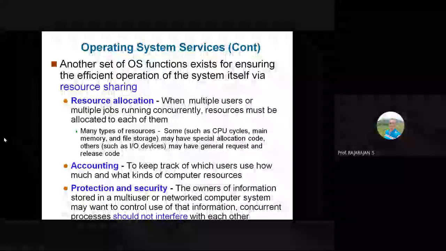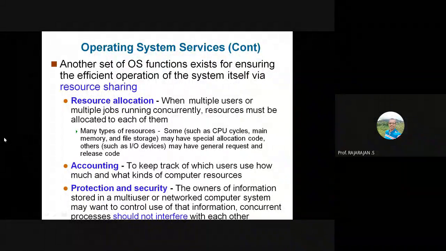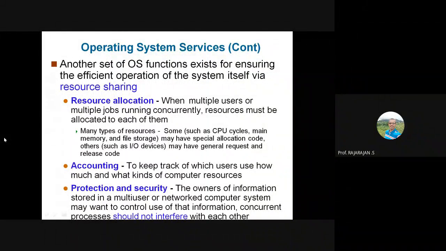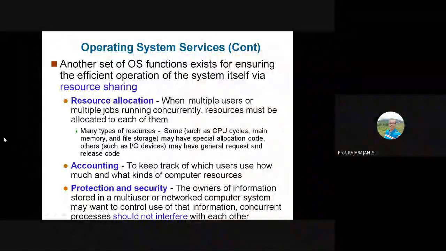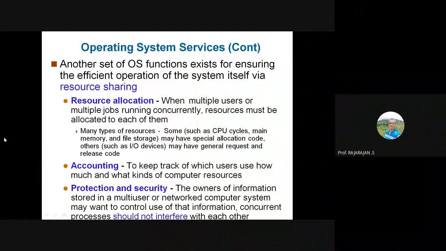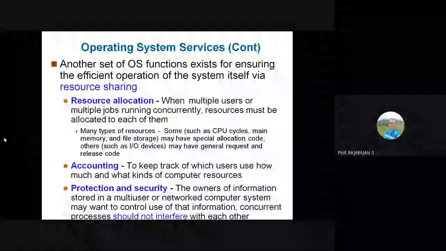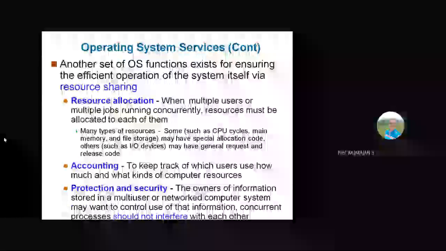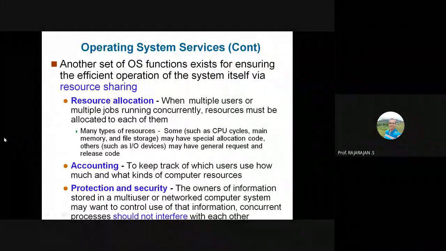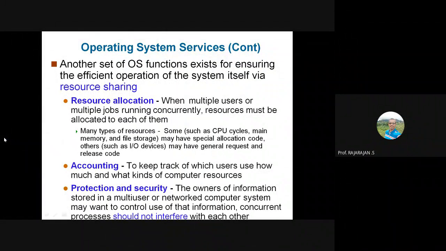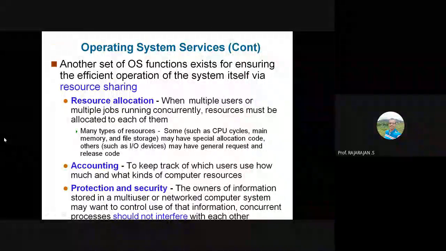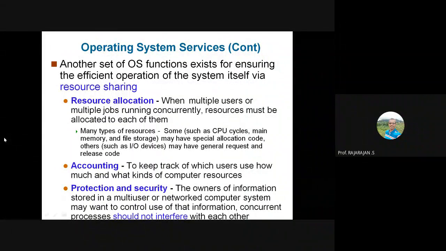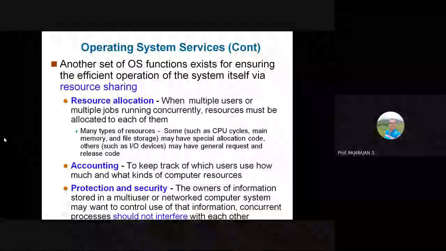So all these are managed by the OS, and also keeping track of the user statistics, accounting is also by the OS. Protection and security is about ensuring that the different users do not violate their boundaries, and authentication is also done. That is, the user has to have some user ID or password or biometric based information for the OS to decide whether it's an authorized user or an unauthorized user.